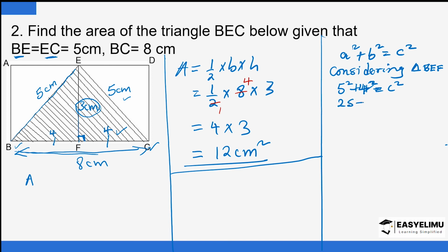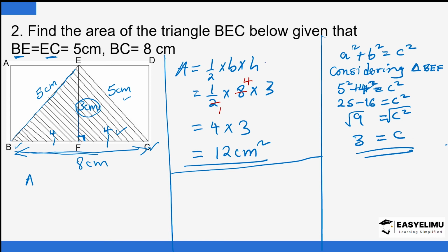So this is 25 minus 16. And so we have 9. So you find the square root of both sides. So 3 is equal to c. That is how we were able to get the height as 3.